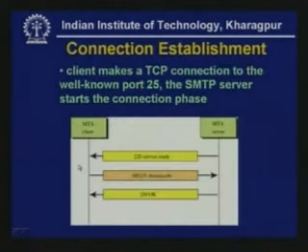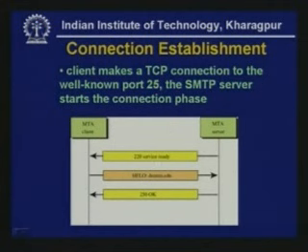For connection establishment, the client makes a TCP connection to the well-known port 25. This well-known port 25 is used for SMTP. The SMTP server starts the connection phase, so the server will reply with a 220 service ready. As soon as the MTA client sends a request to port 25, if the server is ready, a 220 service ready will come back.